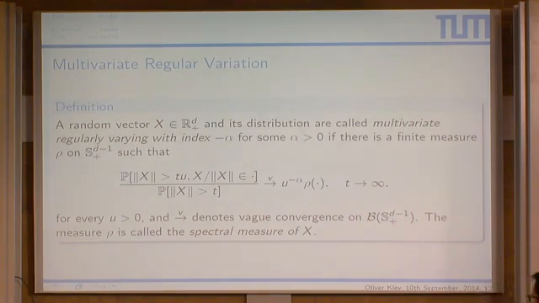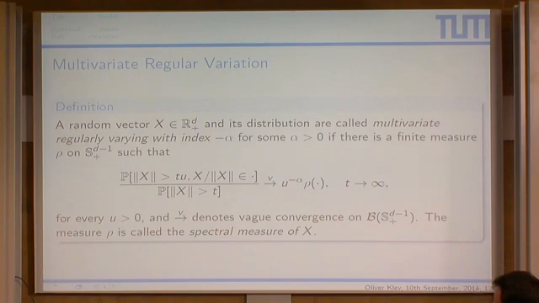And this is done in the following way. You take a random vector x, which has values in R^d_+, and we call its distribution multivariate regularly varying with index minus alpha if there exists a finite measure rho on the unit sphere so that this type of convergence holds.